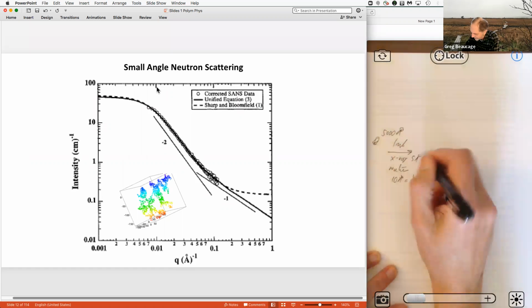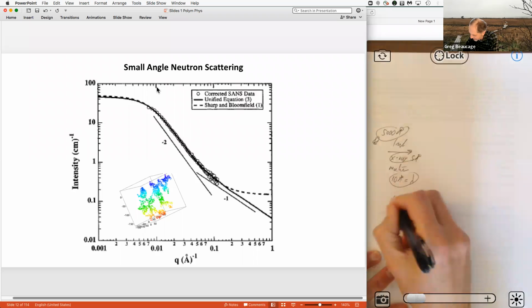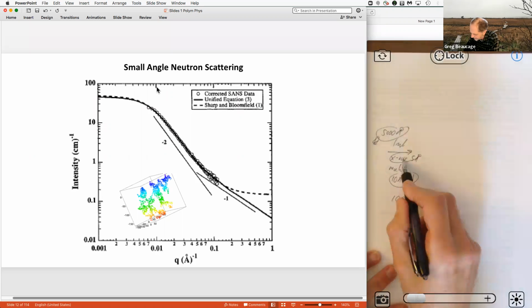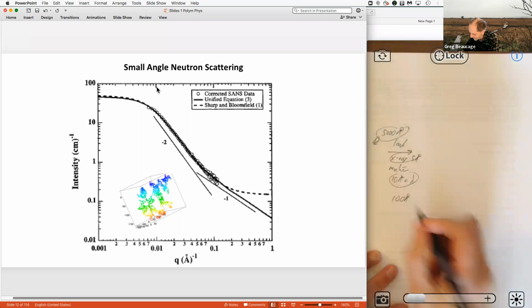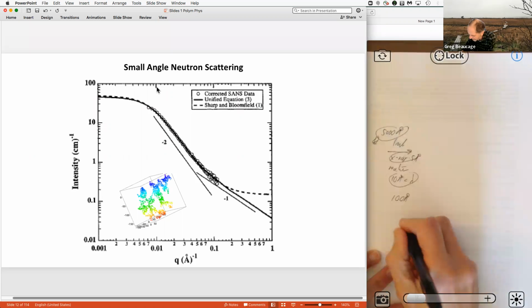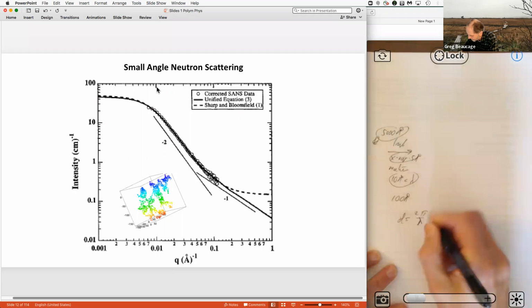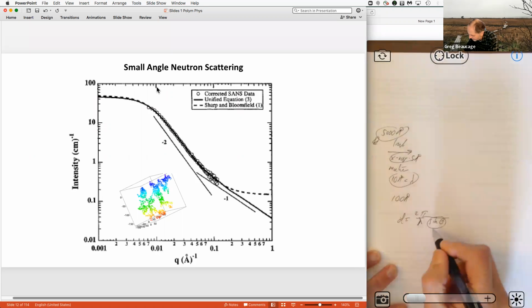So basically, these things are looking at different size scales. The size scale of a polymer chain is going to be about 100 angstrom. So you can see that X-rays and neutrons can probe the internal structure. Light can't really do that because if you write down Bragg's law, the biggest sine can be is 1.